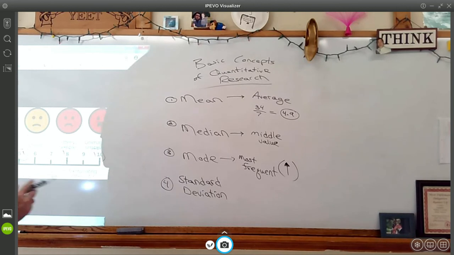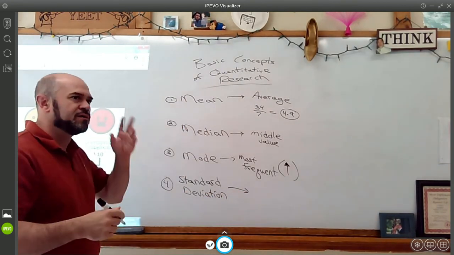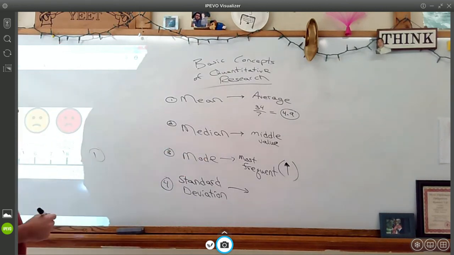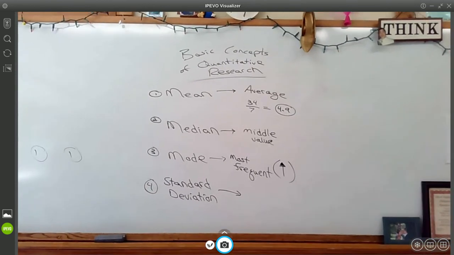Okay, standard deviation, we're going to define the standard deviation. I think we actually would probably be better off, rather than just defining it, let's try and understand it conceptually by looking at the word itself, like analyzing the root word and the base word.